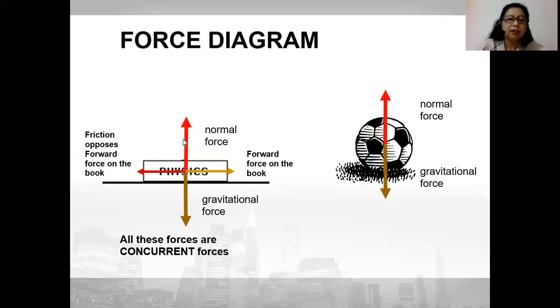However, the forces, observe the length of the forces and the arrow's direction. Same as with this one and this one. Okay? So, this is an example of an object at rest. This is an example of an object in motion. What is similar with these examples?